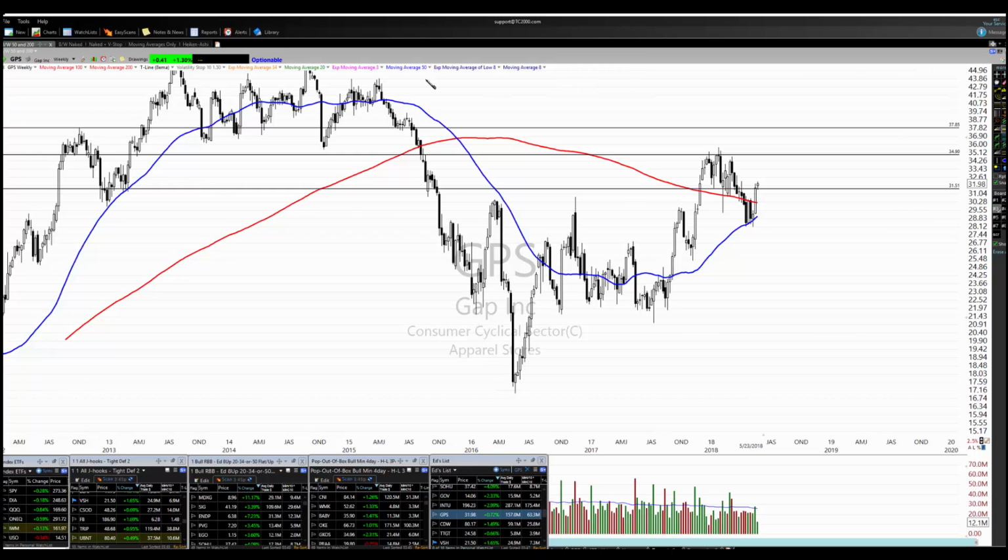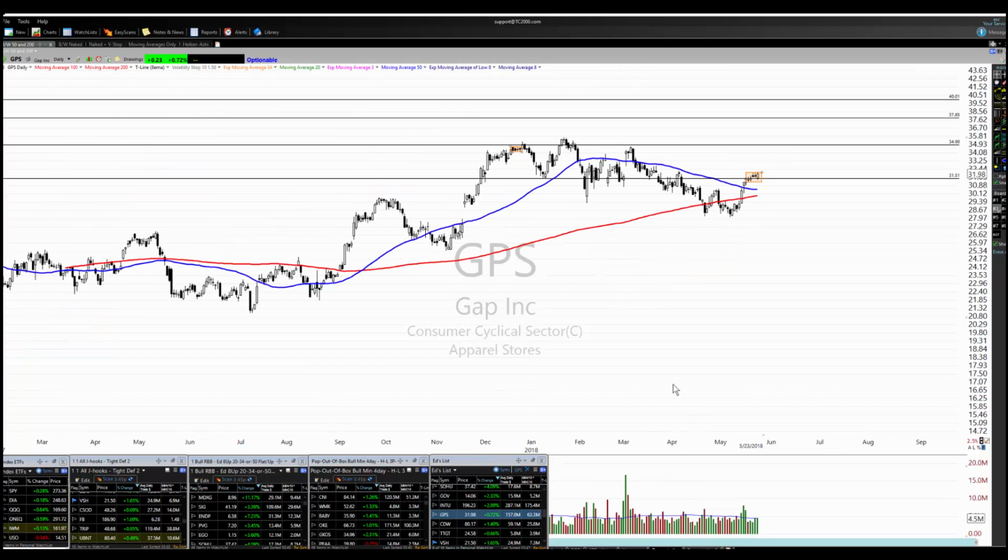And for a longer term trade, you might even make this a third level someplace in there. And it's pretty close, about 40 bucks. So that might be one worth trading.